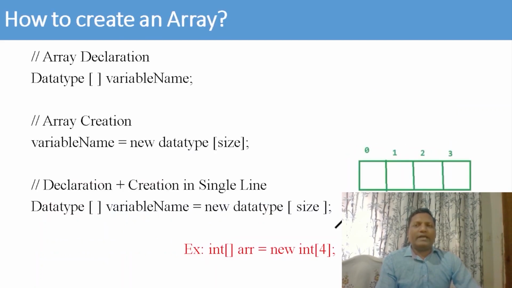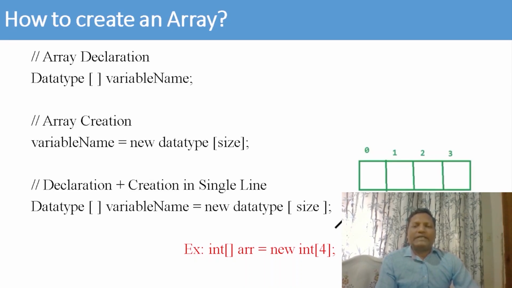To create an array in Java, we need to follow the syntax. For array declaration, we need to specify the data type followed by square brackets to indicate an array. For array creation, we use the new keyword to create an array with a specified size. With combined declaration and creation, we use the data type, variable name, and new data type with the size.